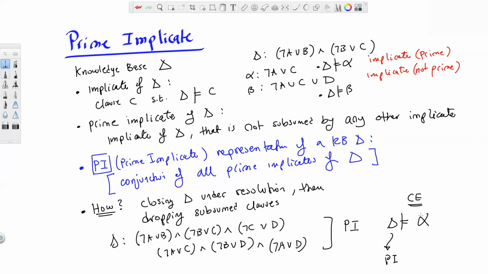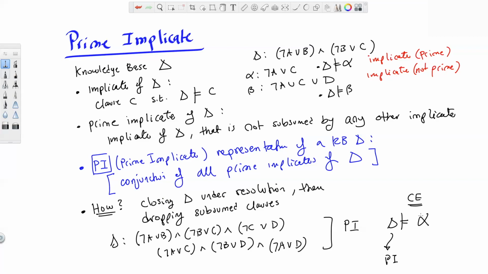Now there is one more application for this prime implicate form. Remember what was the procedure for existentially quantifying variables from a CNF? We said what you need to do in that case, if you want to existentially quantify a variable, is go ahead and do all possible resolutions on that variable, and then throw out the clauses that mention the variable.